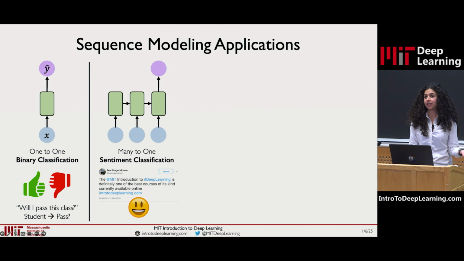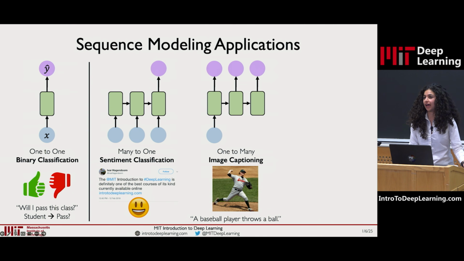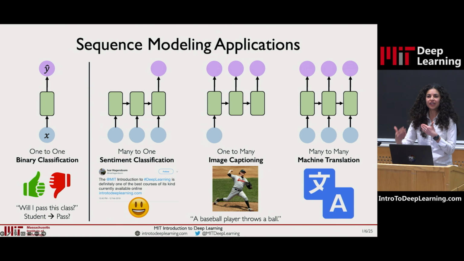It could also be a sequential output, like taking an image and producing or generating text that captions that image. Or similarly, we can think about many-to-many generative or predictive tasks, where maybe we have sequences in one language, in English, and we want to translate that into sequences of another language.